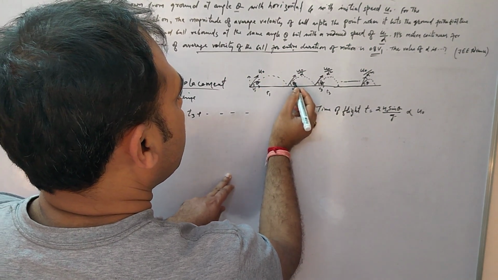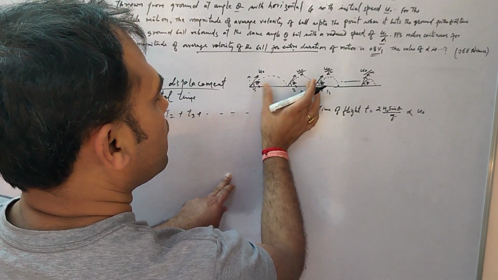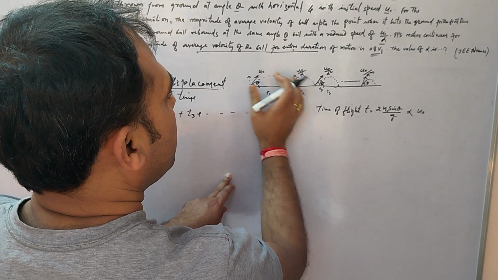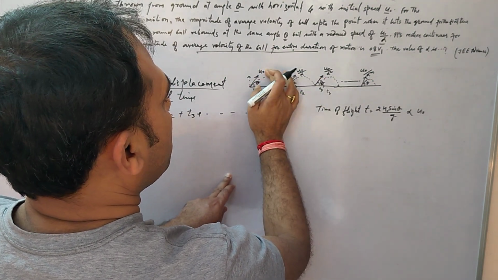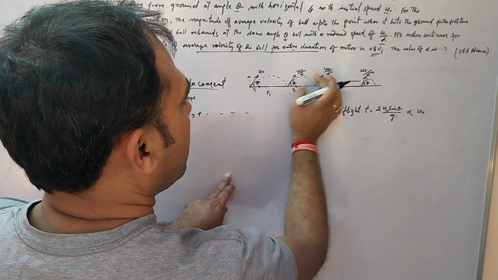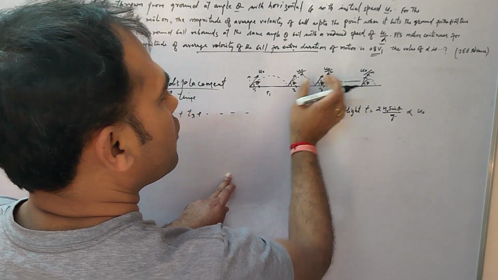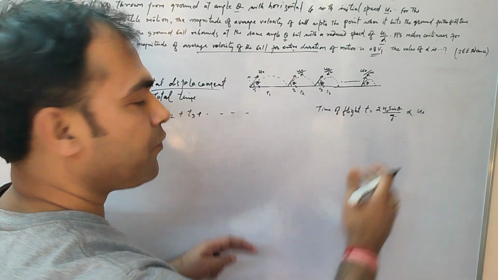Here is theta, again theta, theta, so this is constant, but the speed is u naught, then u naught by alpha, u naught by alpha square, so it is reducing with time.